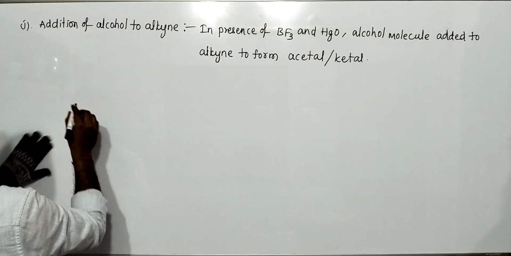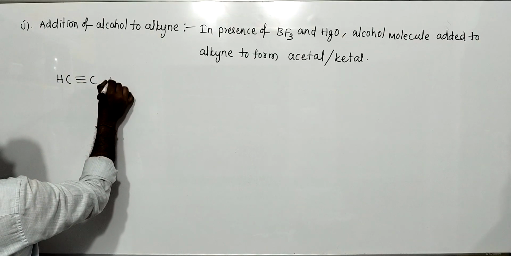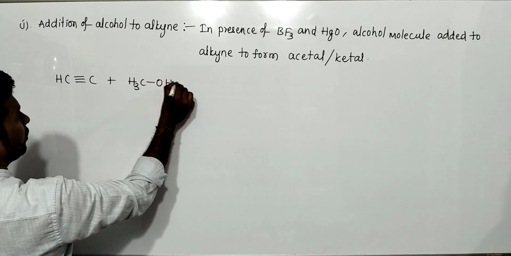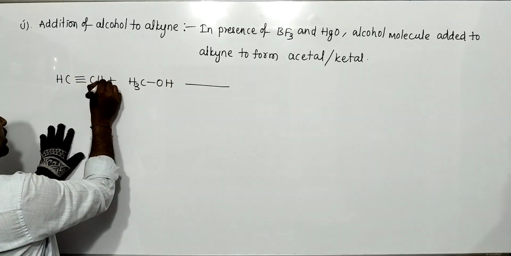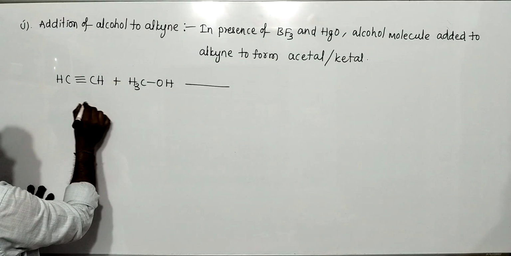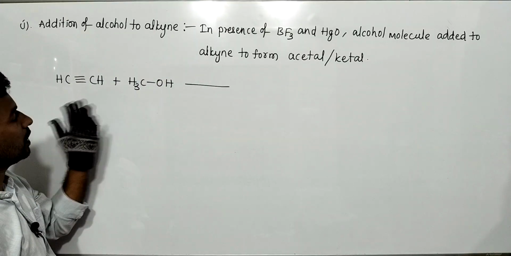If we take acetylene, addition of methanol: methanol is an alcohol, and acetylene is an alkyne. To this alkyne, I am adding alcohol. That is the reaction, addition of alcohol to alkyne.